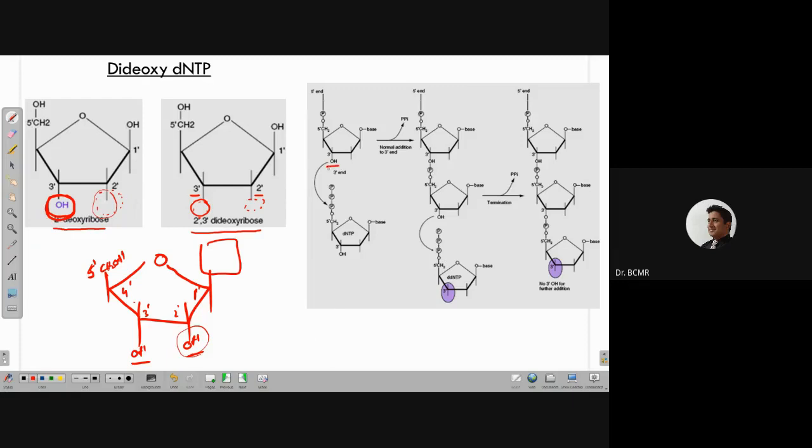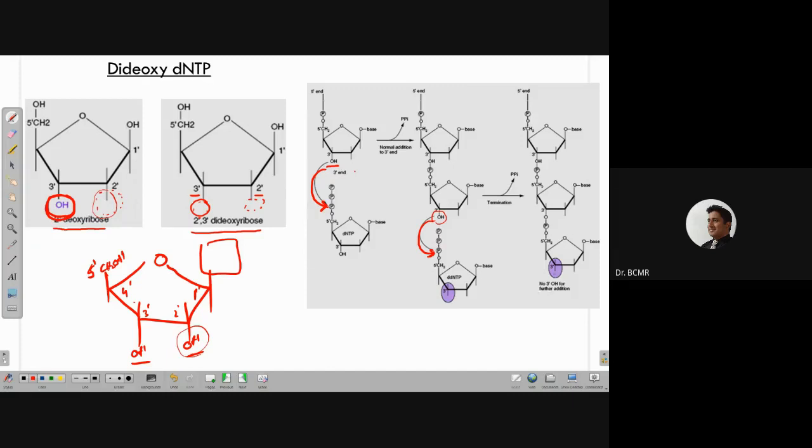So the 3' OH will make a nucleophilic attack on the alpha phosphate, and that is how polymerization occurs. That's normal. But if there were a dideoxy nucleotide, it will get incorporated, because the 3' OH of the primer would actually make the nucleophilic attack. It gets incorporated. That's fine. But now there is no more.